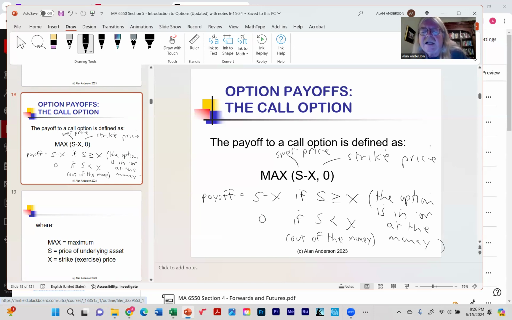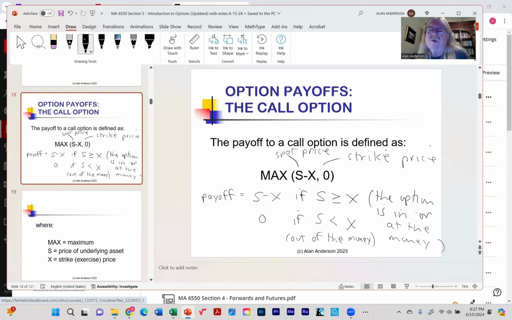In the first case, S minus X is a positive number, and therefore that will be our payoff as long as the option is in or at the money. If S is below X, we will not exercise the option, and therefore we simply get a payoff of 0. So this max of S minus X and 0 is simply a compact way of saying it's the greater of the two: S minus X if it's positive, 0 otherwise.